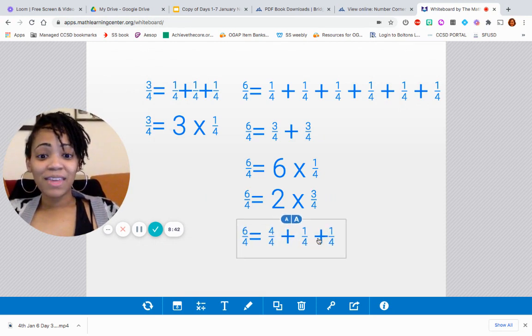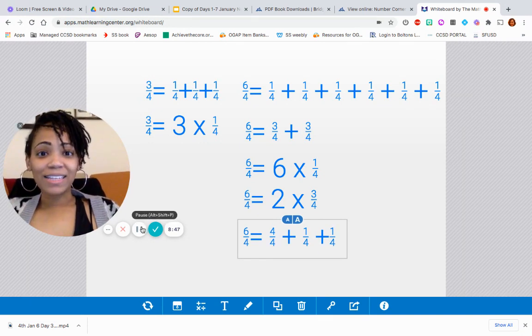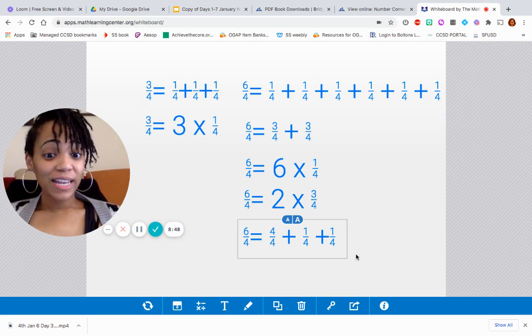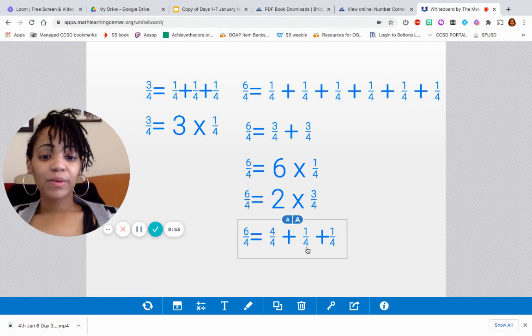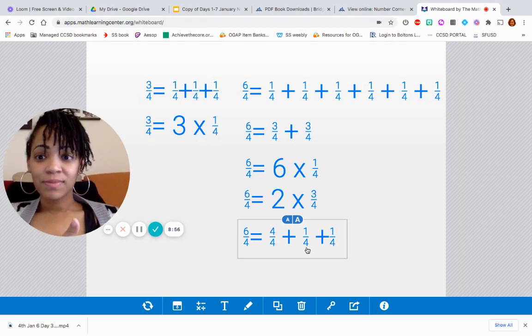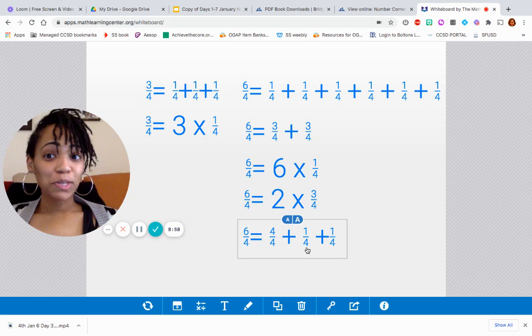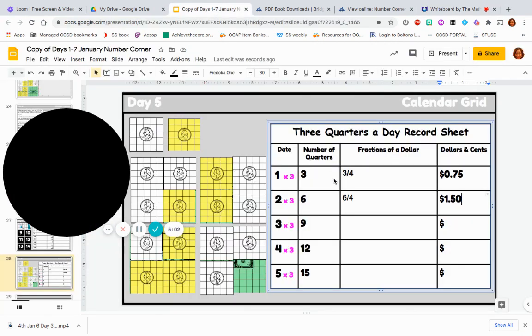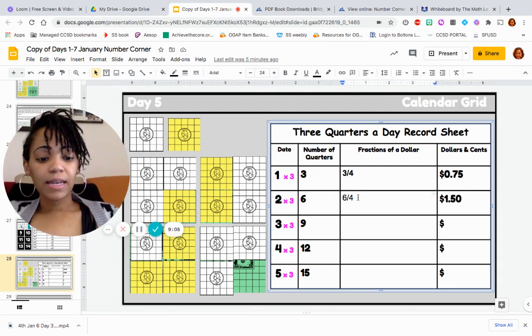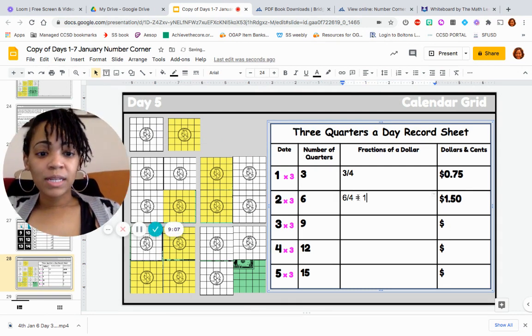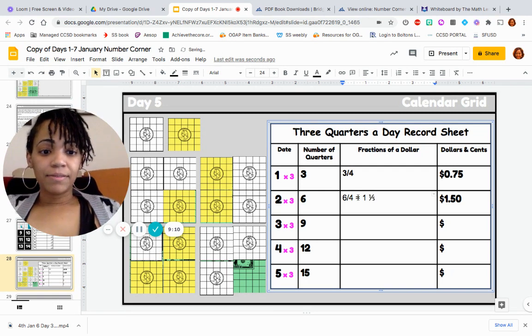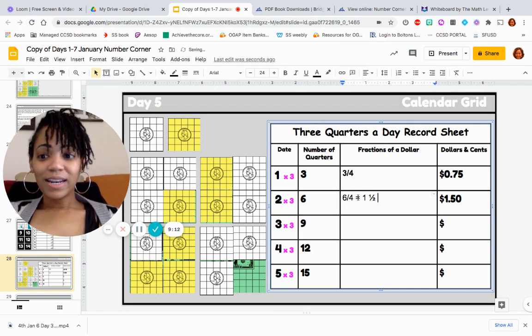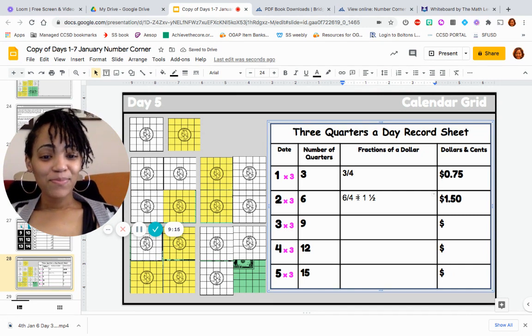It's the same thing as 1 whole, right? So then how do I write that as a mixed number? If we know 4/4 is 1 whole, what's 1/4 plus 1/4? It's 2/4, which we know is equivalent to what? A half. So for my day 2, I'm going to add an equivalent fraction here, which is 1 1/2. Ooh. 1 1/2. We good? Awesome.